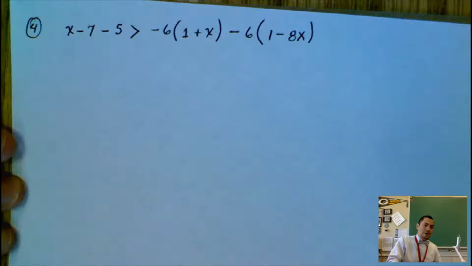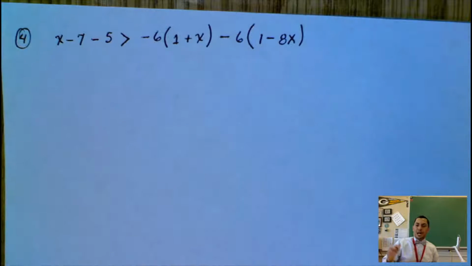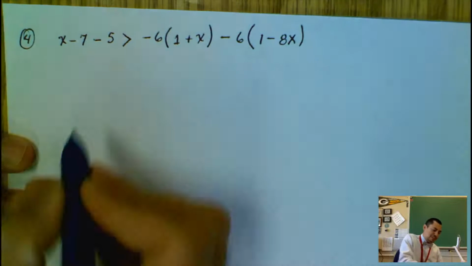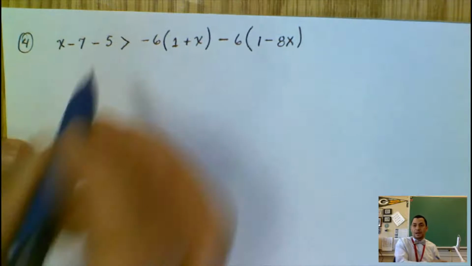Let's do a few more. For example, now look at that one, a big one. Remember, every time try to simplify on the left and on the right. If you see parentheses, use the distributive property. So that's what we are going to do. See these two, negative 7 and negative 5. I can simplify.